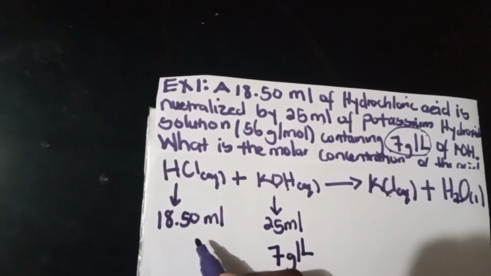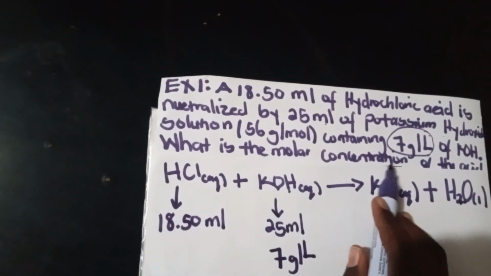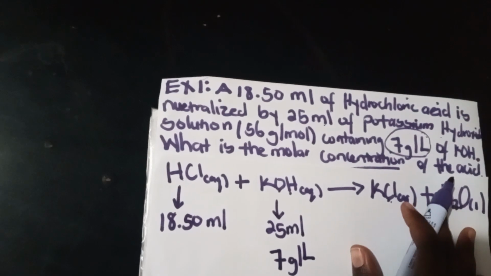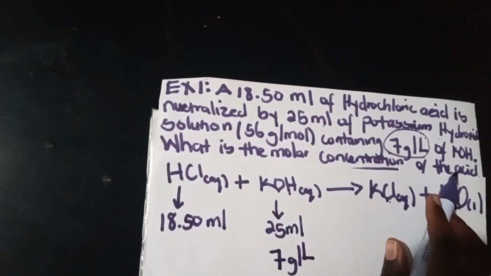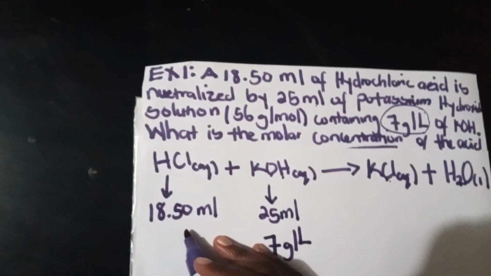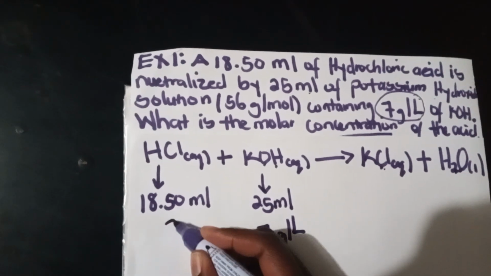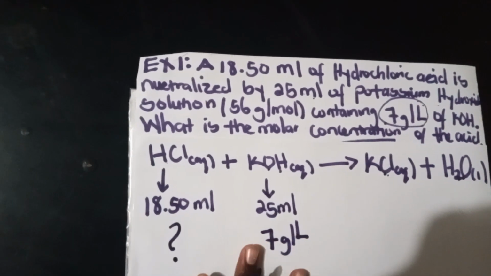And what is the molar concentration of the acid? We do not have it, and that is exactly what we are looking for here, so we can just put a question mark.